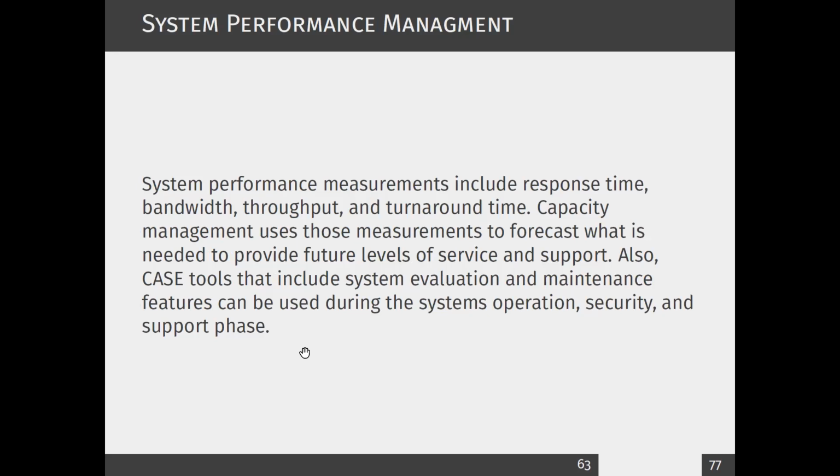For system performance, we can use various measures, things like response time, bandwidth, throughput, and turnaround time. So these come under system performance. Then we have what we call CASE tools, which include system evaluation and maintenance features, and you can use them during system operation, security, and support.